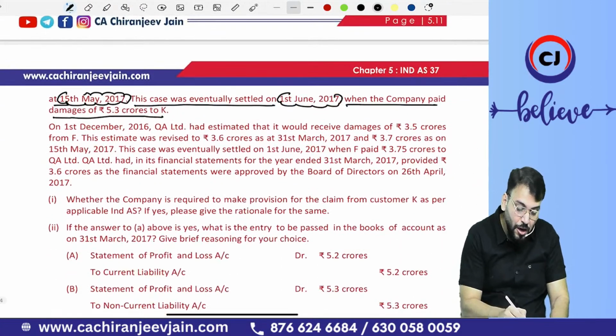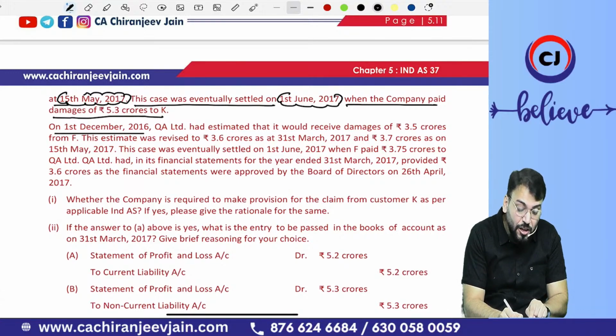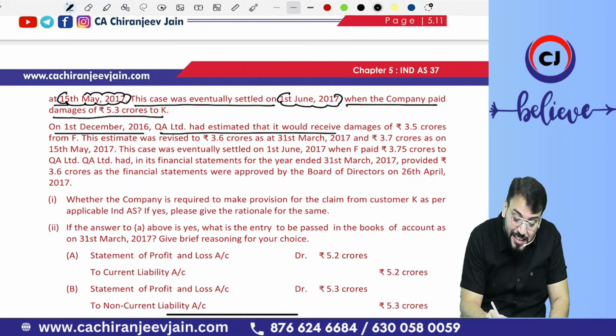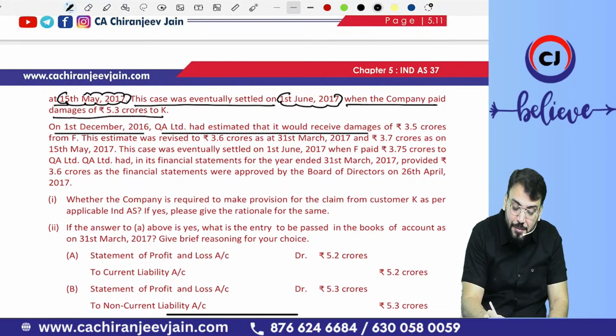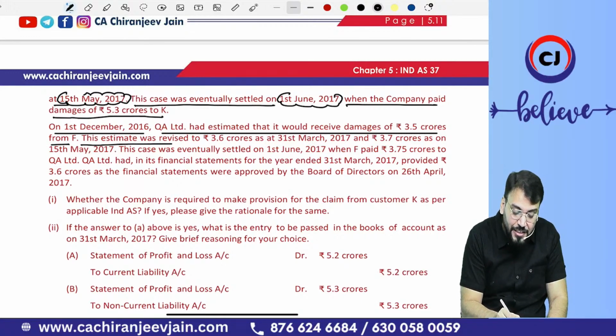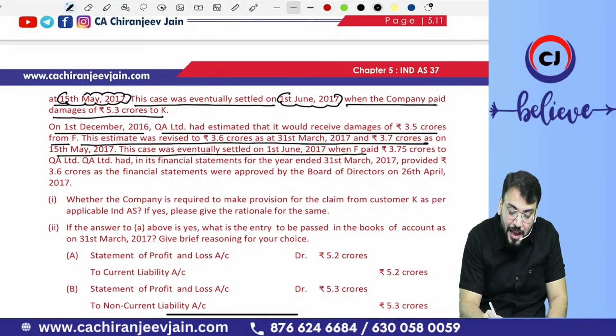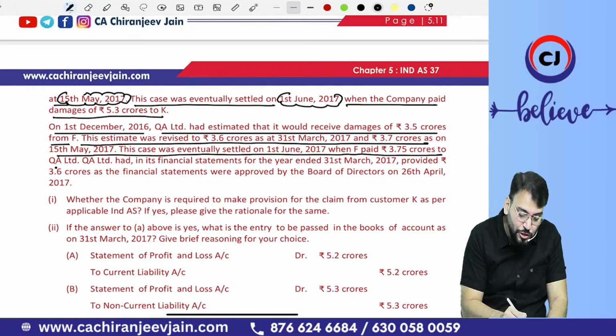Next. On 1st December 2006, this is the date of the second case. QA Limited has estimated that it would receive inflow damages of 3.5 crore from F. This estimate was revised to 3.6 on 31st March and 3.7 on 15th May. This case was eventually settled on 1st June when F paid 3.75 to QA Limited.